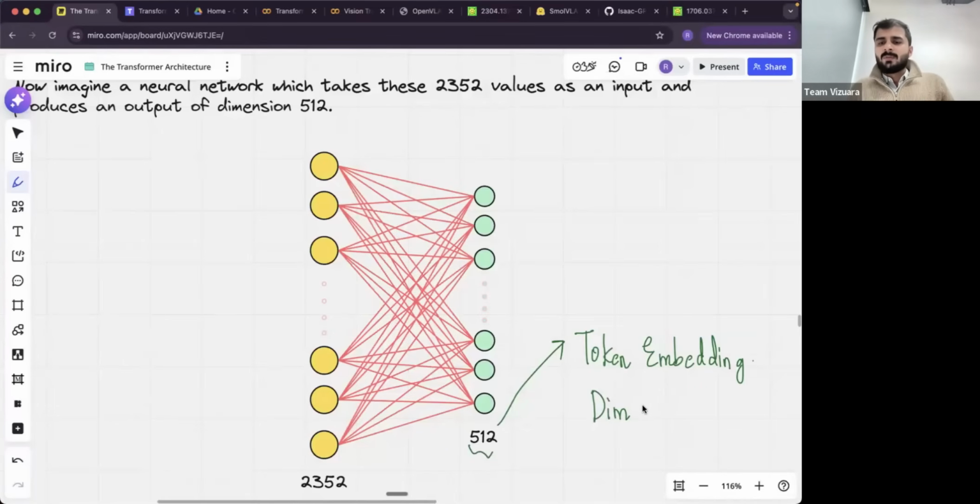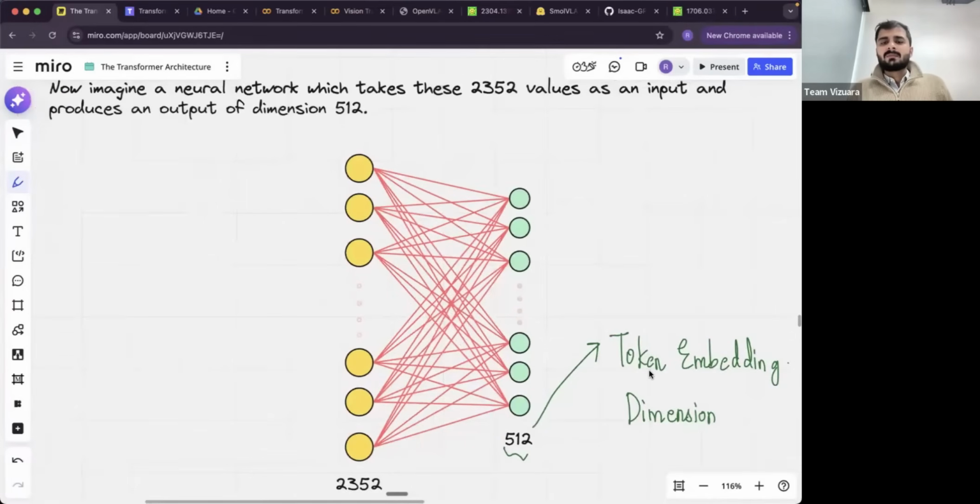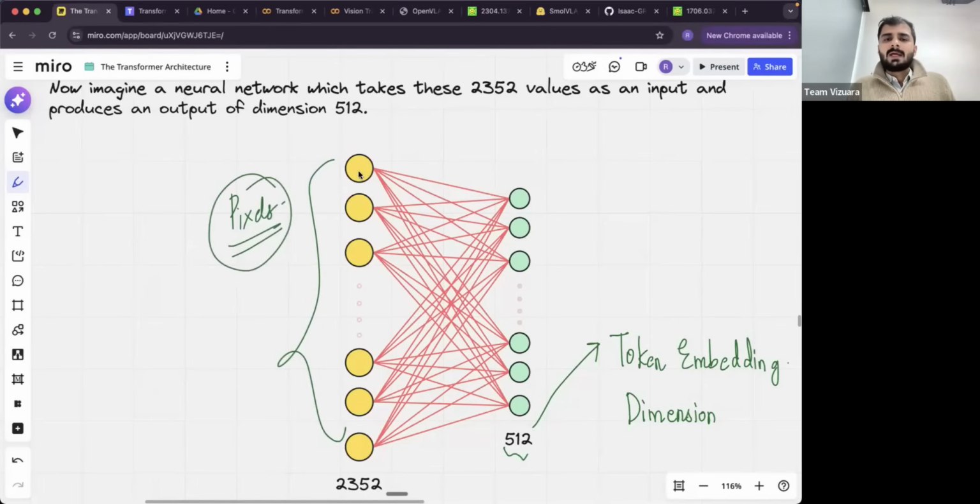Maybe 512 is very common, or 768 is also common. So this is the token embedding dimension, and we simply use a neural network to create patch embeddings from patches. So these are values which are coming in from the pixels, and then we are creating embeddings out of them.